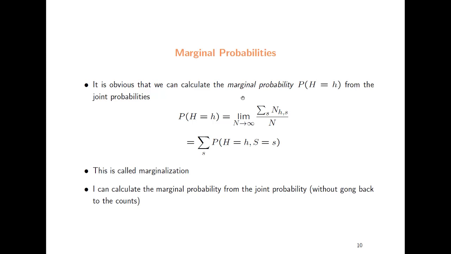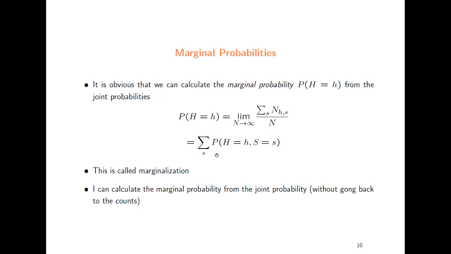So let's say we're interested in the probability of a height. Then we are summing over all counts of height and size divided by the sample size. And this is the same as the probability of height and size when we sum over all sizes.